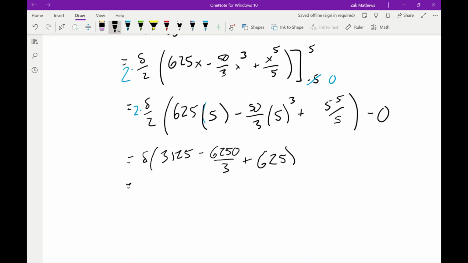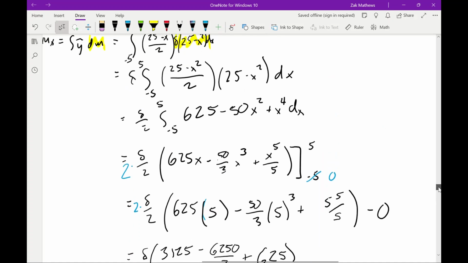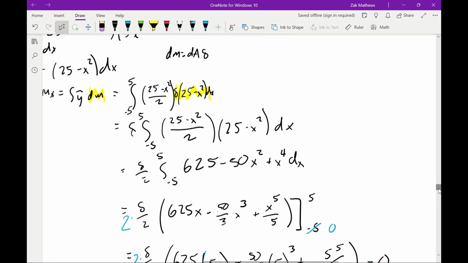That looks good. And so that gives us our moment about x, 5,000 delta over 3. And remember, that was the moment about x, how it moves with respect to the y-axis.